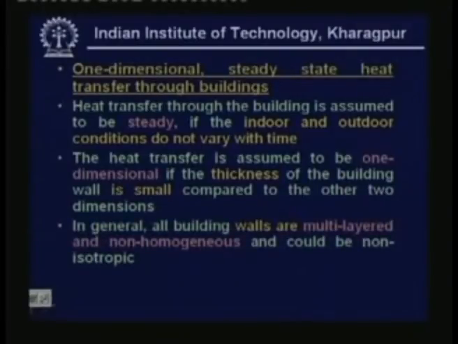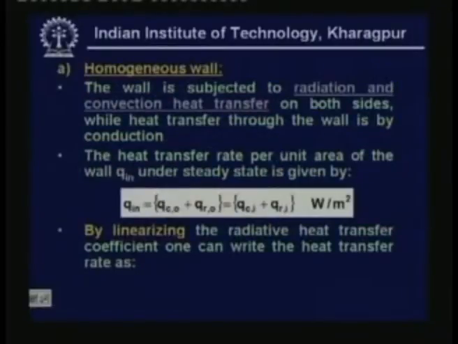In general, all building walls are multi-layered and non-homogeneous and could be non-isotropic also. First, let us look at homogeneous walls, then we shall discuss non-homogeneous walls. So, a homogeneous wall is subjected to radiation and convection heat transfer on both sides, while heat transfer through the wall is by conduction. So, let me show a picture of this.